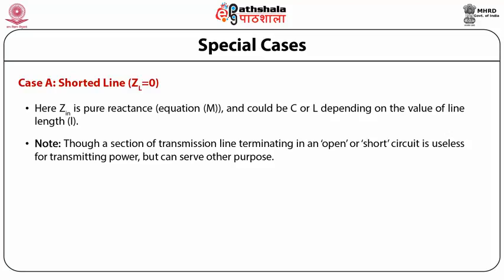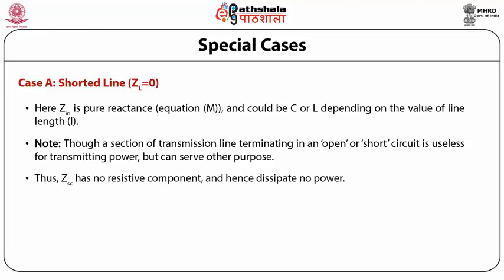In practice, short-circuited sections are most common, as open circuit lines tend to radiate energy from the open end. Thus, ZSC has no resistive component and hence dissipates no power.